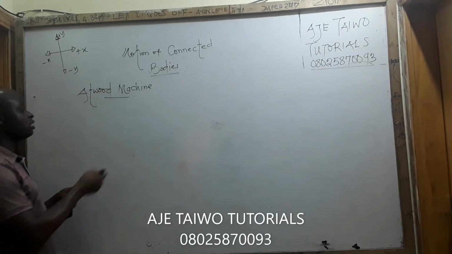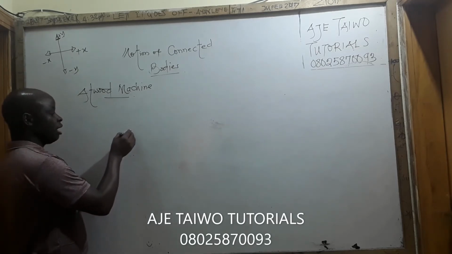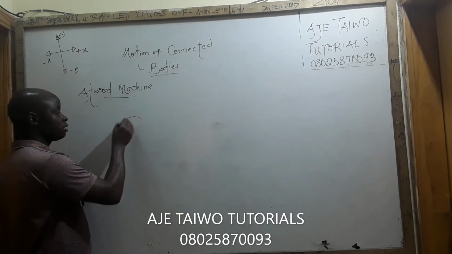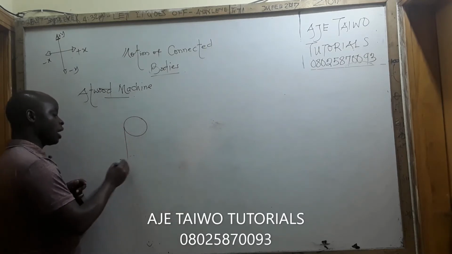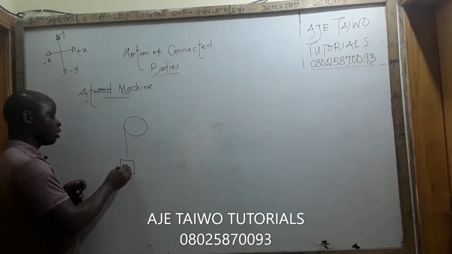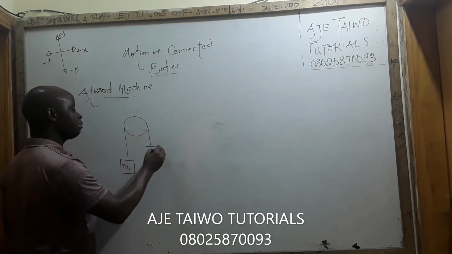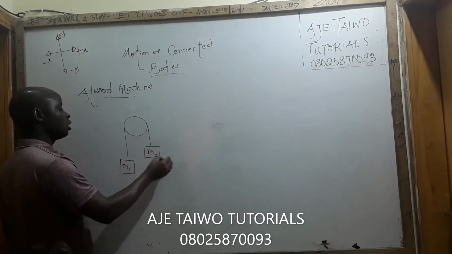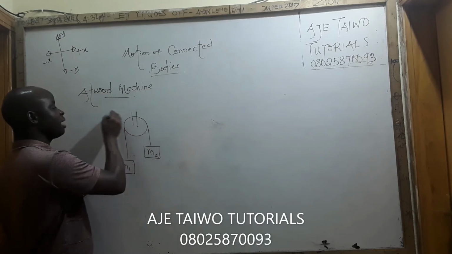Okay, so these are the bodies. Watch. If you have this as a pulley hanging a body of mass M1, another pulley hanging a body of mass M2, these are suspended masses.